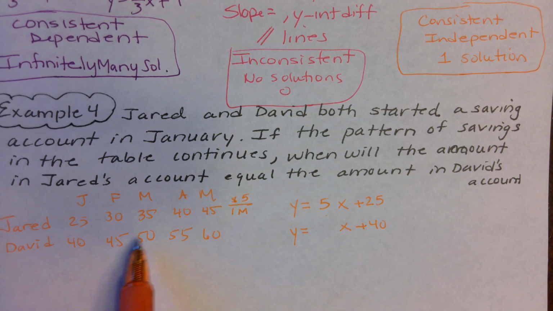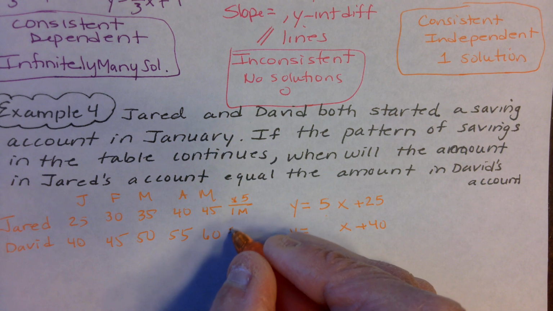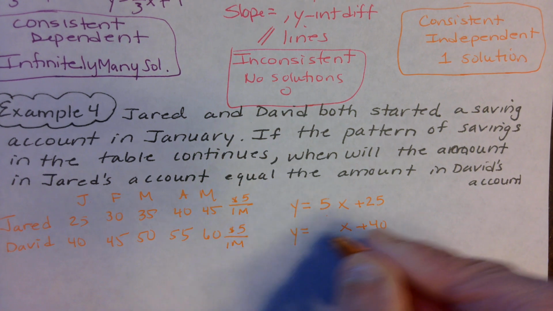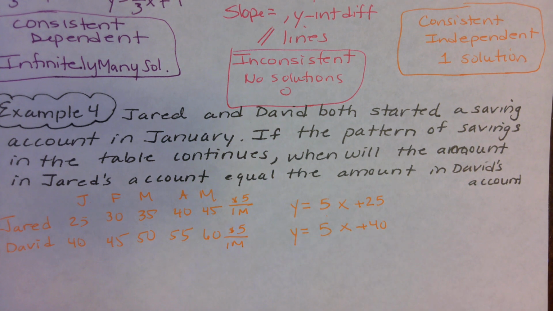This person, they're also going up $5 for every 1 month. So that's also 5 over 1, or just 5. Well, what are you thinking? You got the same slope. You got different y-intercepts. What kind of lines would that be?